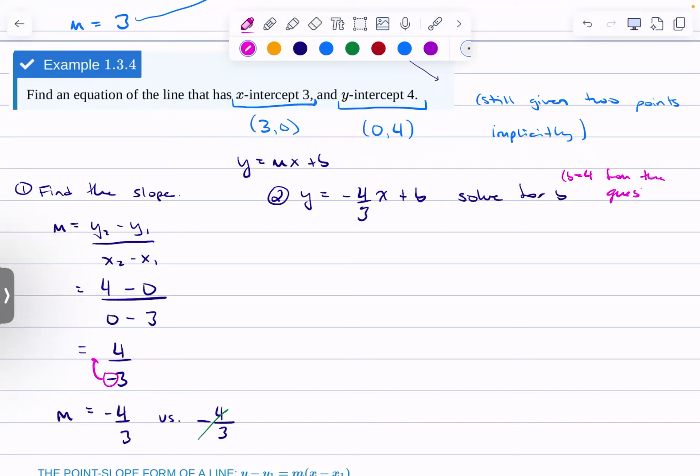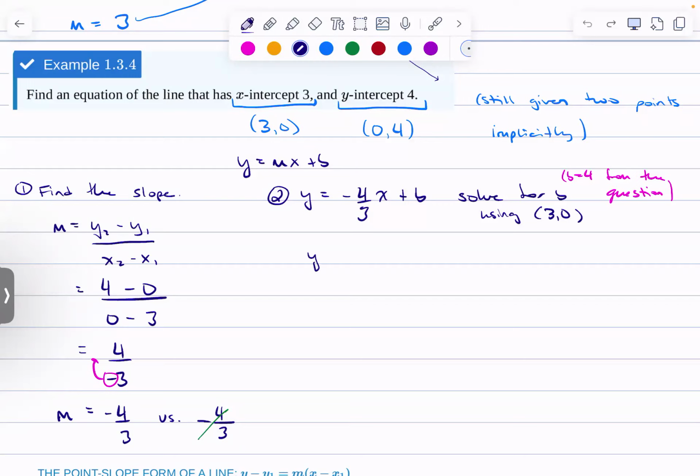I'll highlight that we knew that, but I want you to see that it'll always work. So what if we solve for b using (3, 0) instead? If you plug in x equals 0 and solve for b, you get 4. Fair enough. But let's do a little bit more work here.